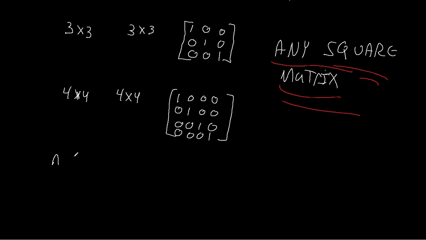Let's have an n by n input. The identity matrix is going to be n by n, and then the expanded out version will be ones along the diagonal and zeros everywhere else for any square matrix.